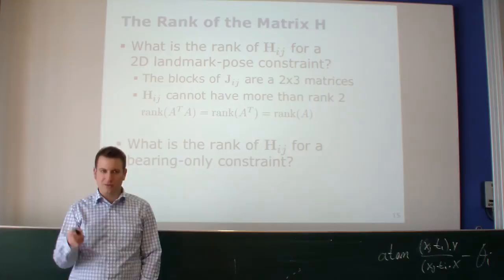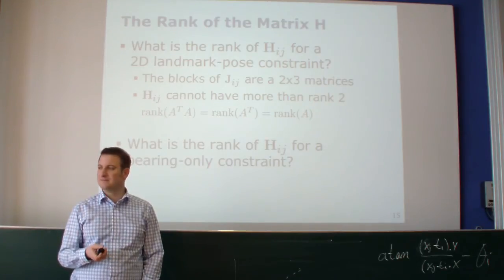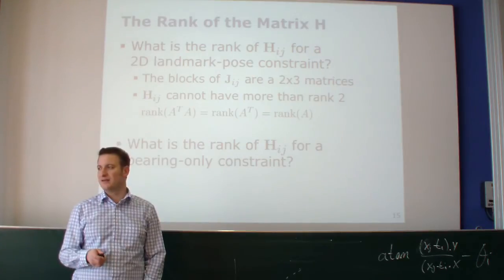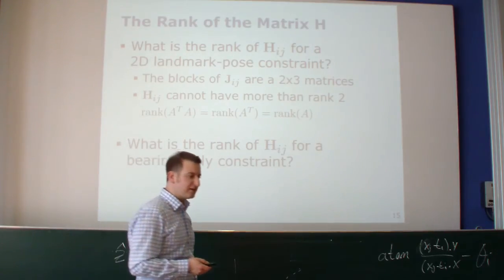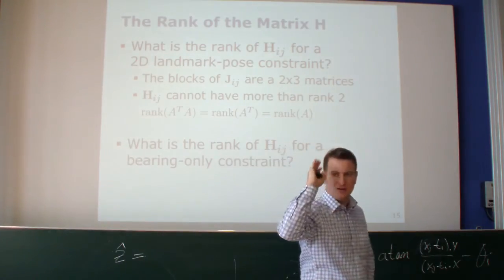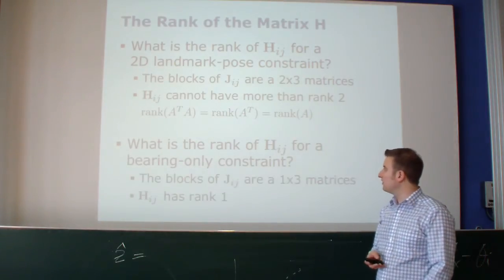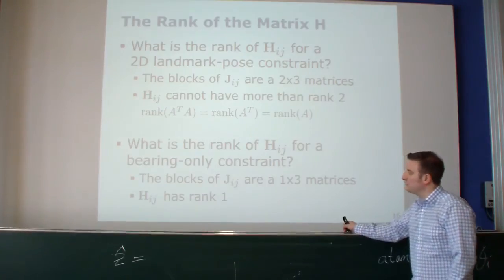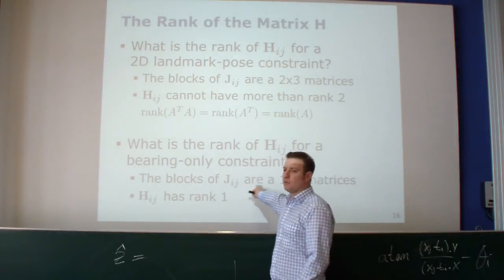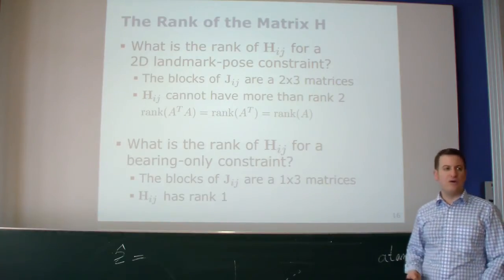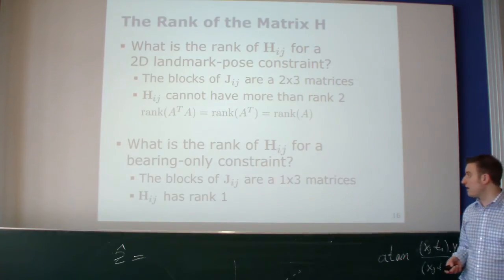What do I measure? I measure only the angle, exactly, so the rank should be 1, because I just get the information about the angle, not about the position. Again, if you look at the Jacobian, it is a 1 by 3 matrix, which, unless it's 0, has a rank of 1.